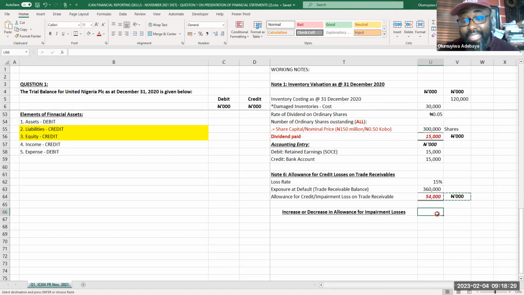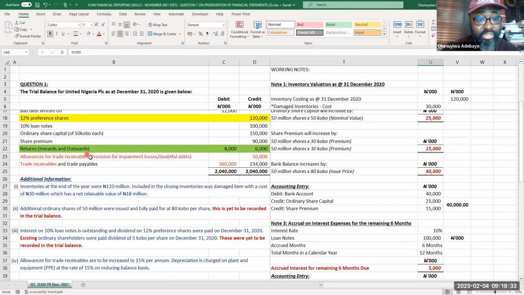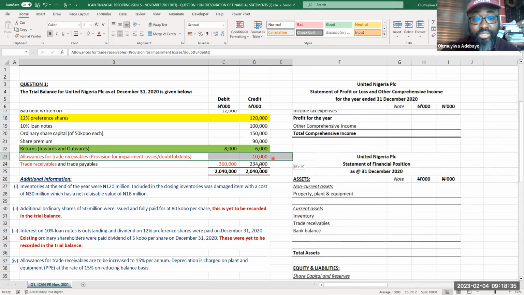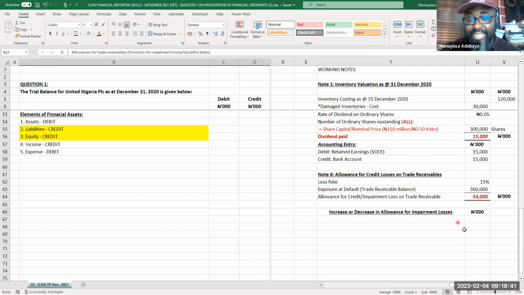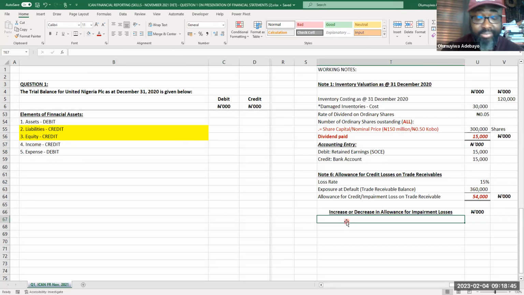Remember that last year we made an allowance of 10 million. That's why we brought forward this balance sheet item. This year now we are making an allowance of 54 million. Therefore, is there an increase or decrease in allowance, or what you call provision for bad debt?